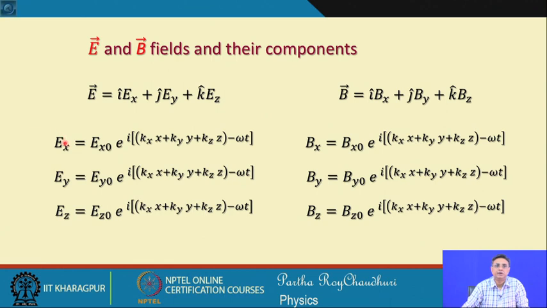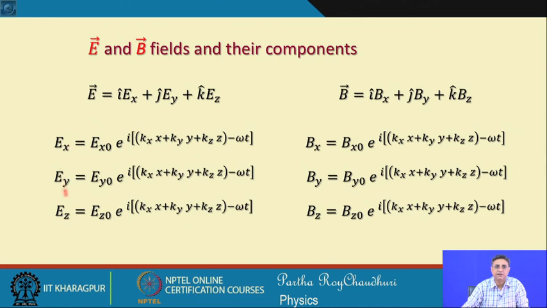So, the electric field component E x will be equal to some amplitude E x 0 times e to the power of this phase factor, and similarly for E y we have an amplitude E y 0 and the phase factor, and similarly for E z.